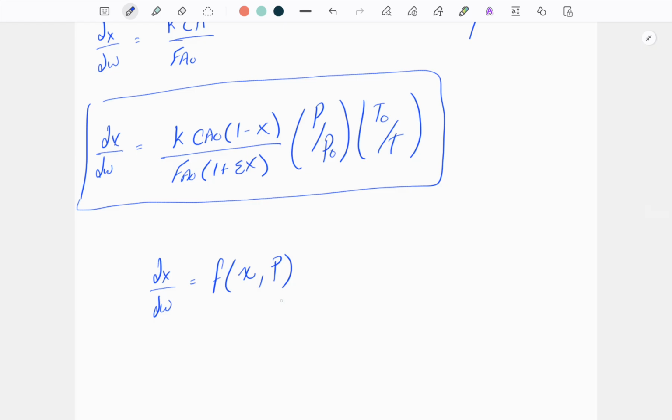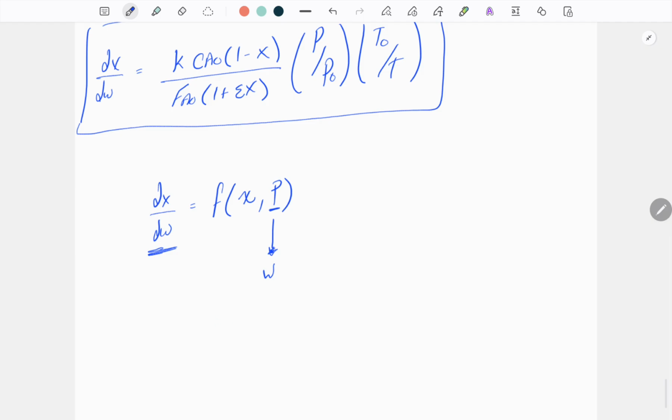But the question is, we want to change this factor, pressure, and relate it to W, because we want this equation here to relate both conversion and the weight of catalyst, which P is not so far, so we need to find an equation that relates dP with dW, and we'll do that on the next class. Stay tuned.